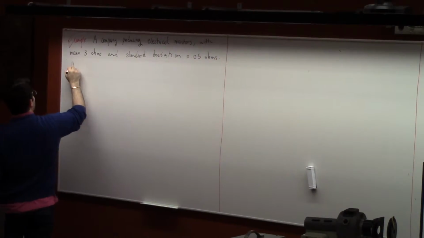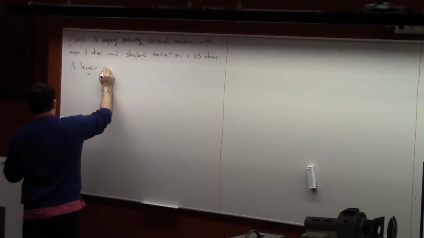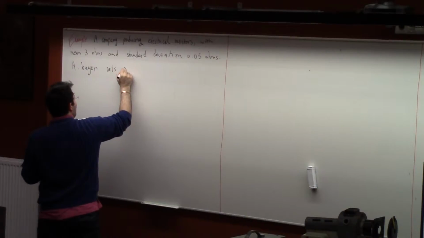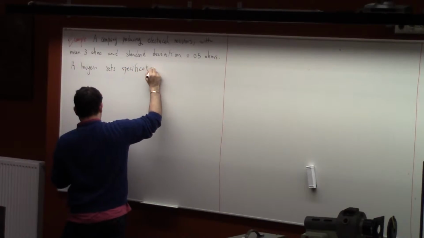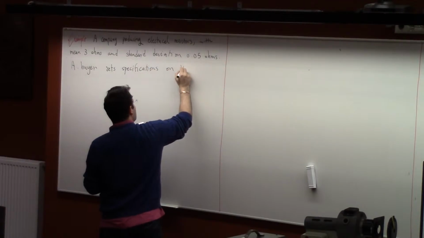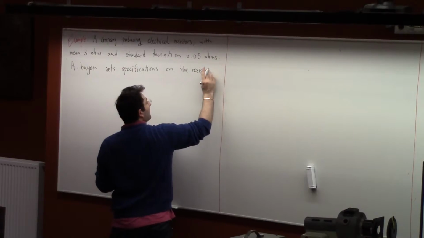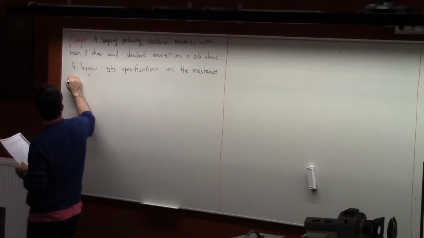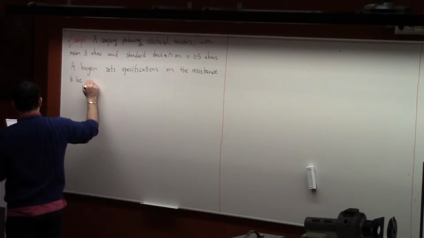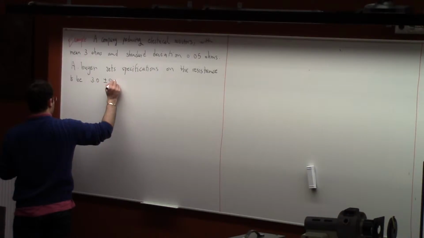A buyer sets a specification on the resistors, on the resistance to be 3.0 plus minus 0.01 ohm.